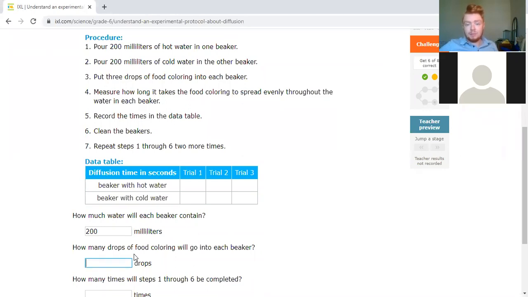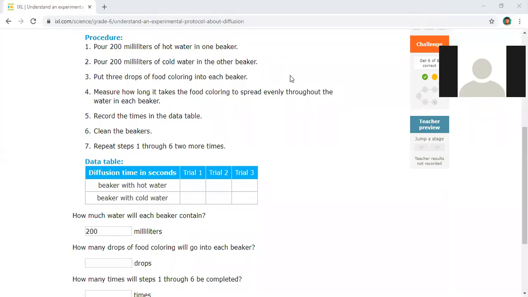Come back. It really doesn't do it unless it's down here. I said it, I guess it didn't work. Oh no, yeah, I couldn't hear you. I'm sorry. So now how many drops of food coloring? Samriti.